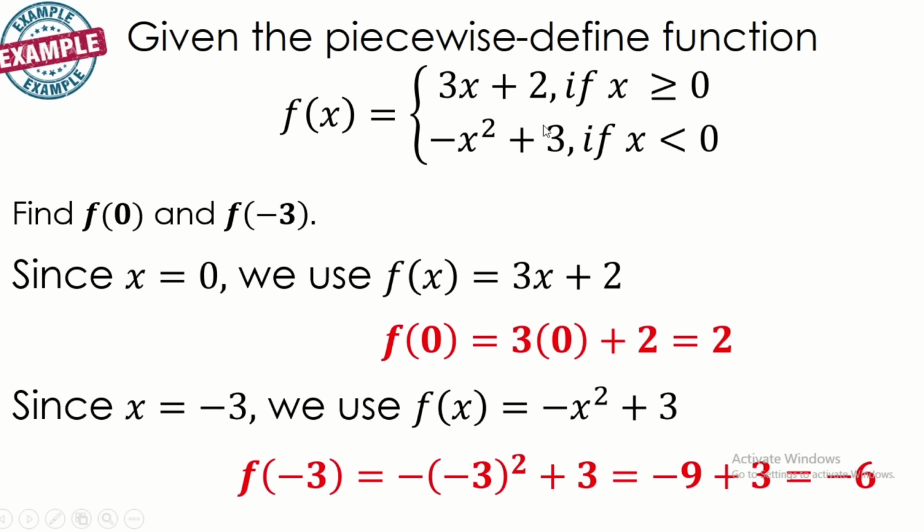Since may negative tayo dito, very particular tayo sa sign, kasi pwede tayo magkamali kapag di tayo nag-ingat sa sign. Again, isa-substitute natin yung negative 3 sa x. Lagyan nyo ng parenthesis, and then hiwalay pa yung negative sa labas. So, negative 3 times negative 3 is positive 9. Negative times positive 9 is negative 9. Plus 3, so the answer is negative 6.